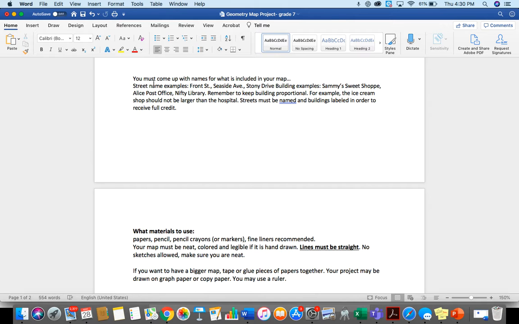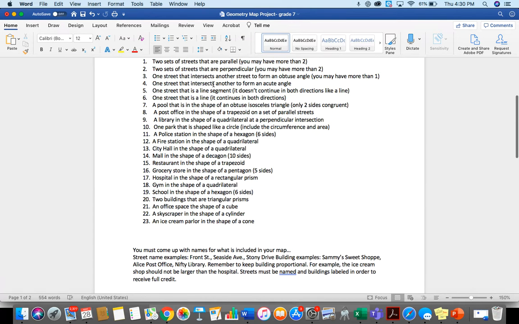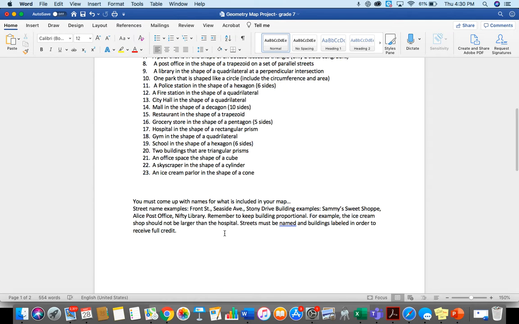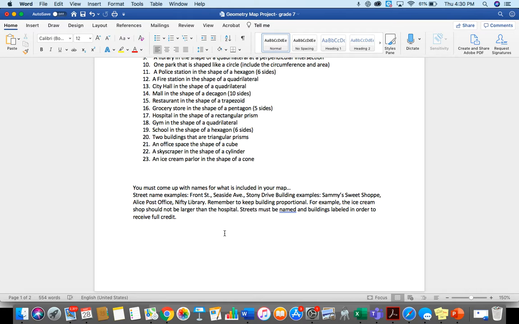So you must come up with names for what is included on your map. So for example, there's street names. Because it says you have to create streets that are parallel, for example. So make sure that each street has a name. So this could be Sarah Street or Leon Street or Jaden's ice cream shop.